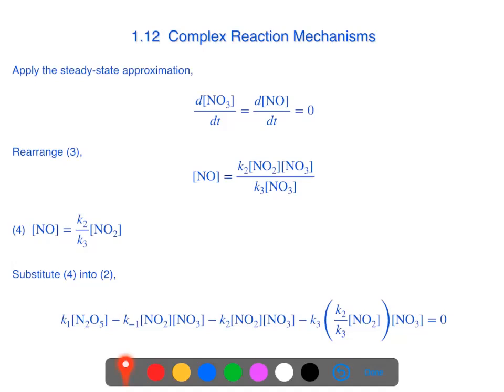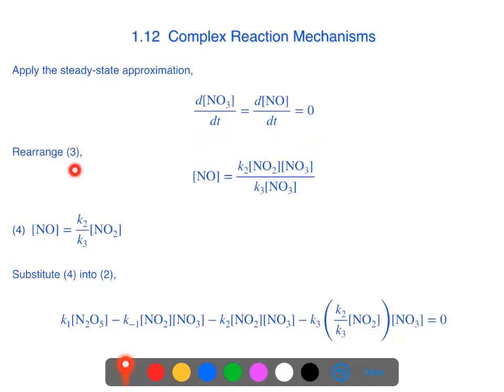So after applying the steady state approximation, we have to explicitly state this every time we carry out this particular type of question. We have to state it. Once we state it, we can then use the approximation to solve for the concentration of the reaction intermediates.